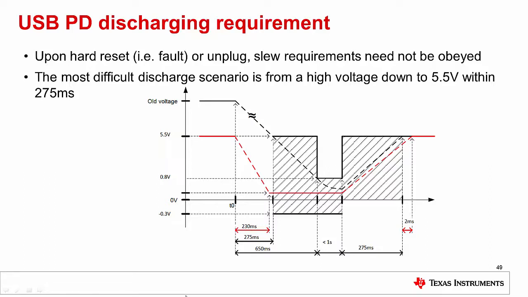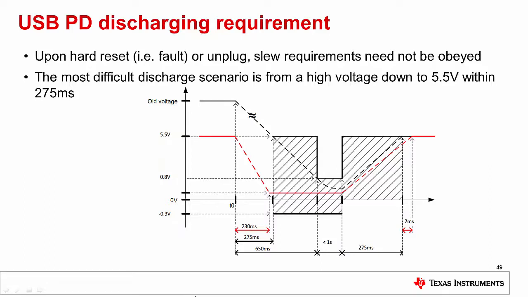In some power supplies, that's not a problem, because there's an inherent discharge capability in the power supply itself. But in some cases, the PD controller needs to be able to discharge that capacitance, and it needs to do that within 275 milliseconds.